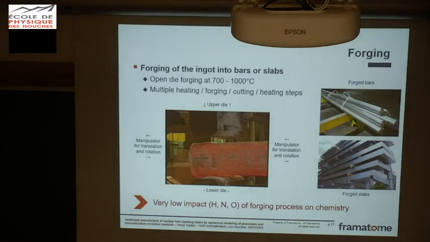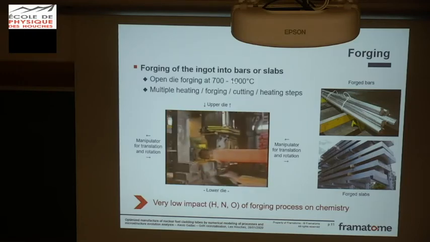Okay. Then we have the forging step. I have a video, maybe it's working, just to illustrate. It's a classical forging process, a cogging process, with open, very simple tools, in fact, at this temperature.